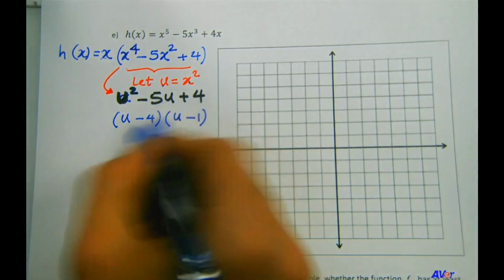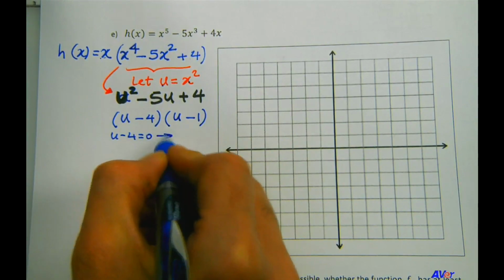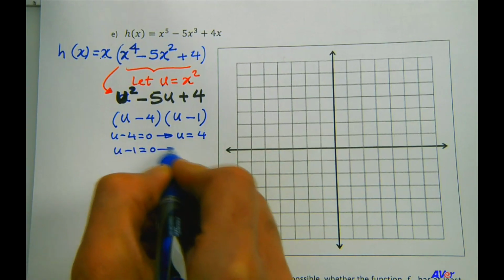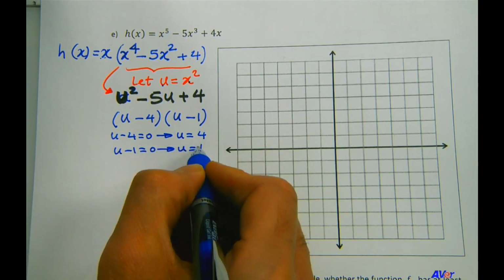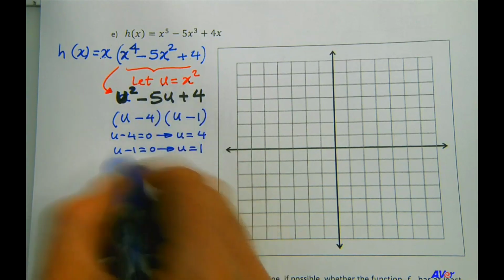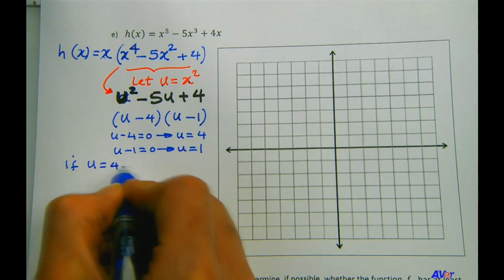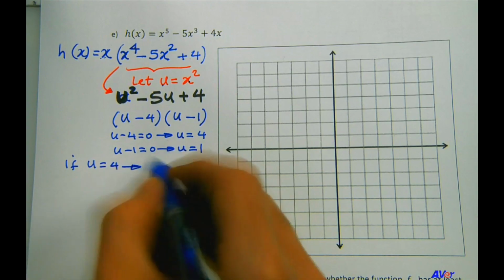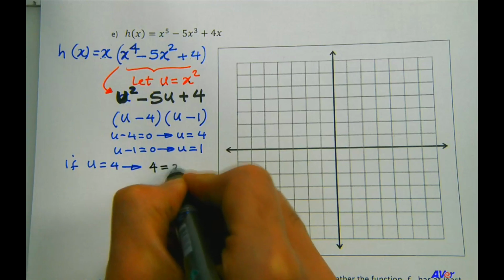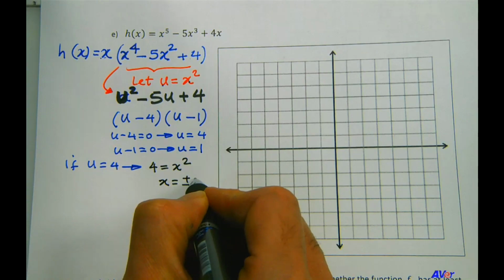Now let's solve for each factor. So u minus 4 equals 0, then u equals 4. U minus 1 equals 0, then u equals 1. Are we done? No. We found u, not x. We need to find x. So if u equals 4, then we have 4 equals x squared.